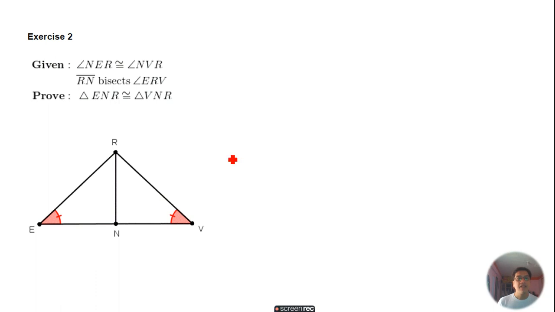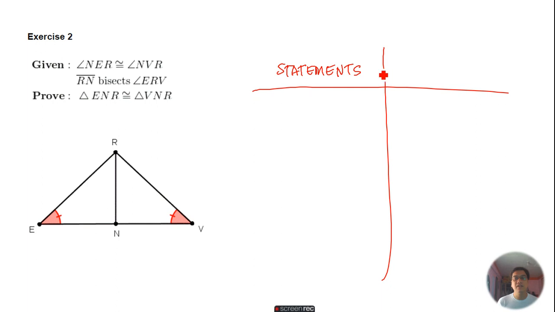Next, problem number 2. In this case, we have the given angle NER is congruent to angle NVR, and line segment RN bisects angle ERV. Prove that triangle ENR is congruent to triangle VNR. Again, we're going to do the two-column proof: make our table with statements and reasons.